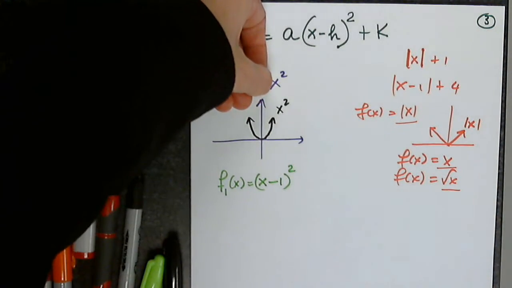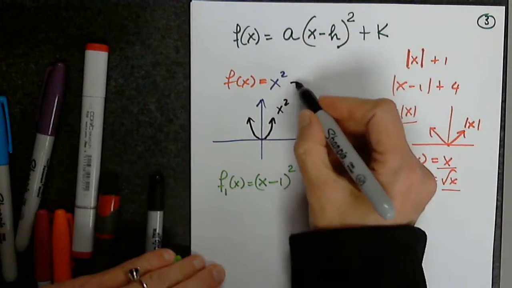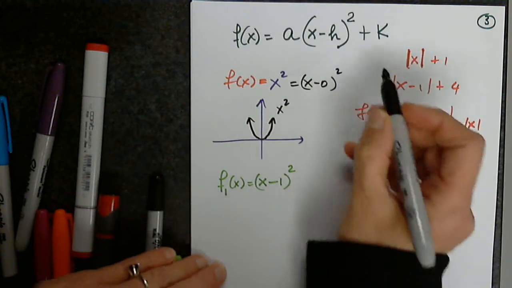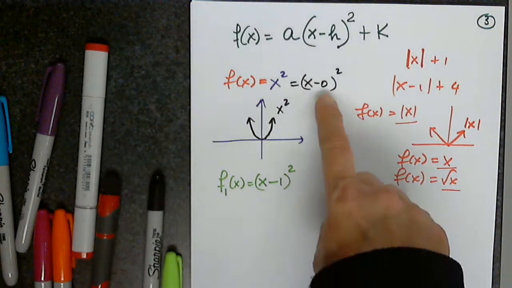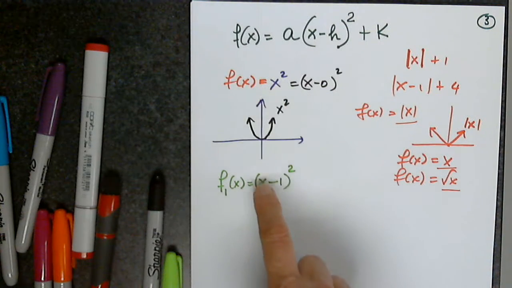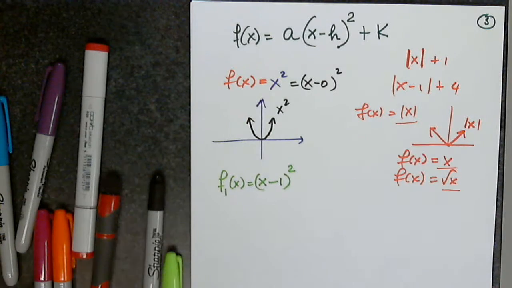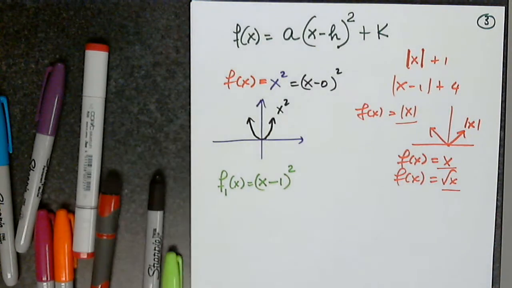Instead of having plain x, I can write this as x minus 0. No change, right? That's x. So now, instead of 0, I have 1. So I'm changing x into x minus 1. So when I change x in a function, this happens.